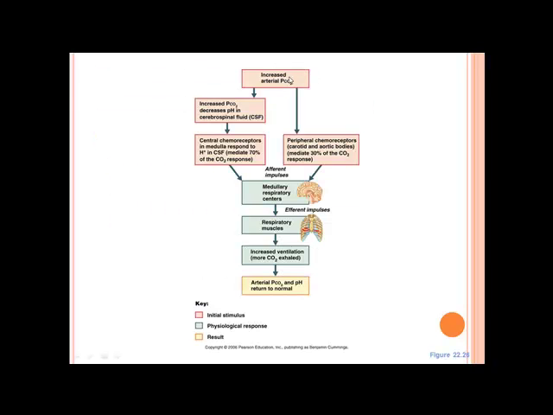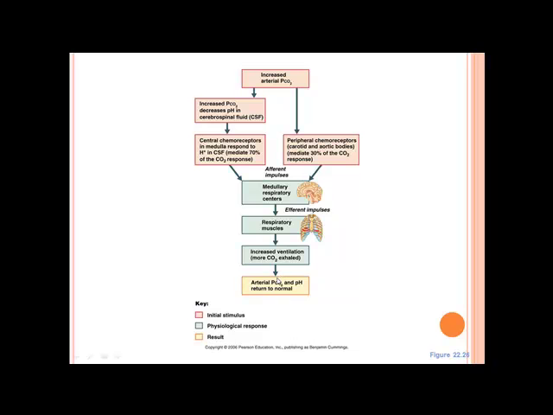Okay, so let's say you get increased arterial pressure of carbon dioxide. That means you're going to have a decreased pH in cerebrospinal fluid and in your blood, and your brain is going to get agitated. Your medullary respiratory centers tell your respiratory muscles it's time to breathe.